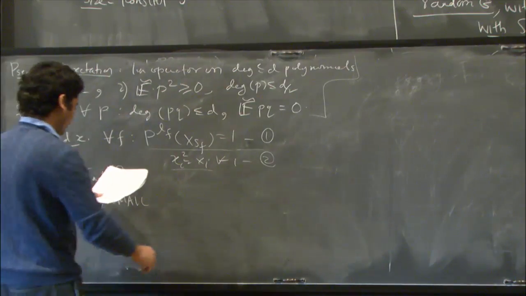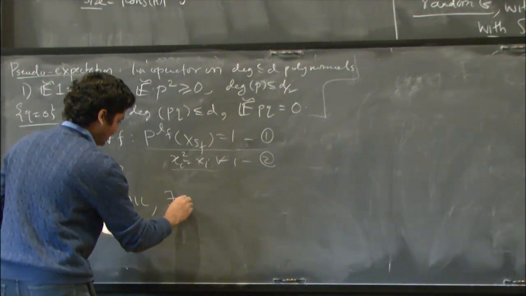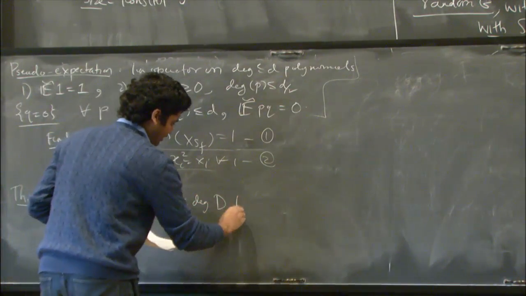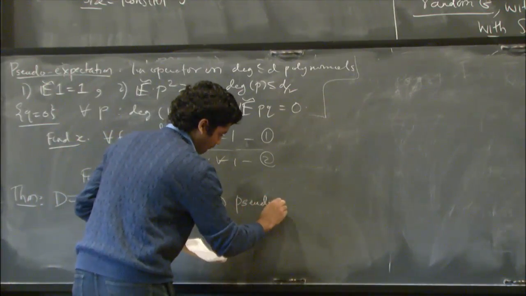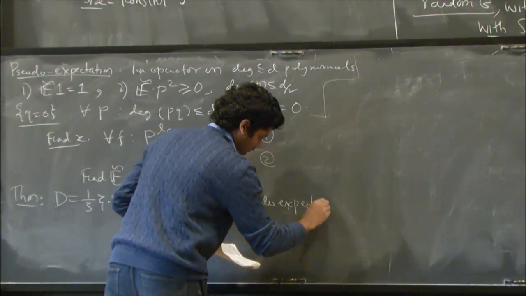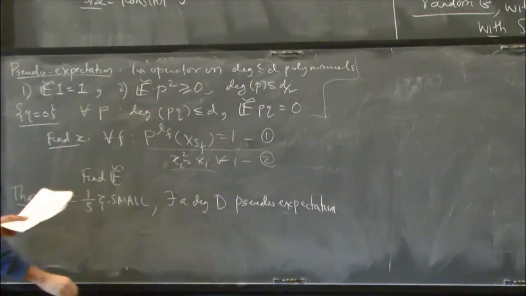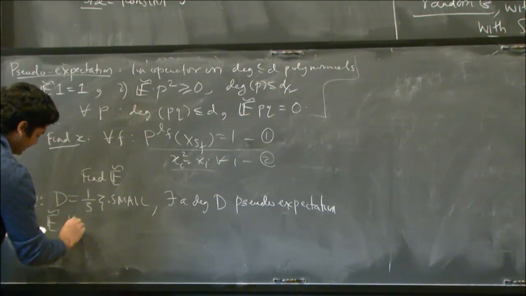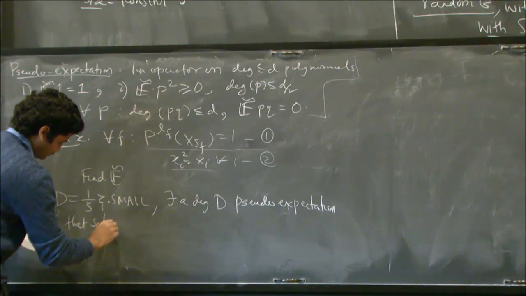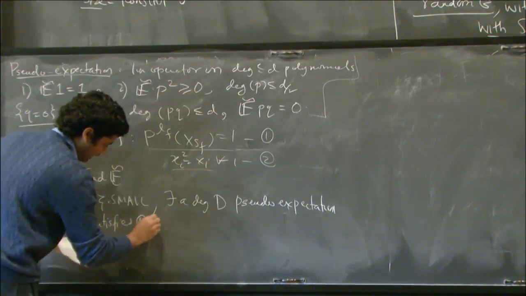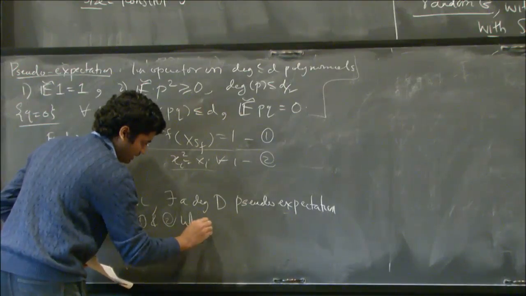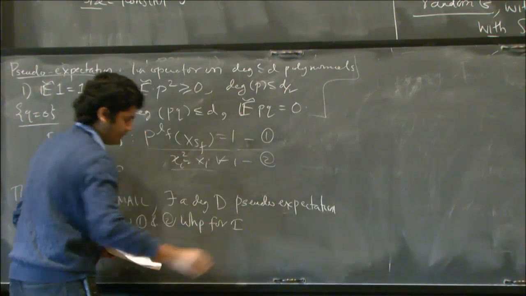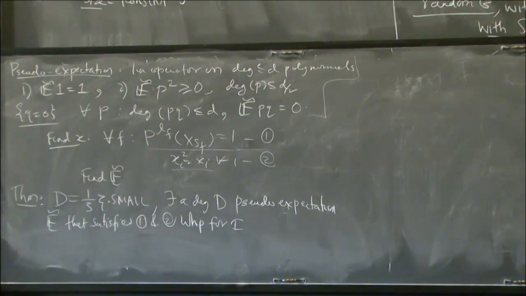So there exists a degree D pseudo expectation tilde e that satisfies 1 and 2 with high probability for a random instance.